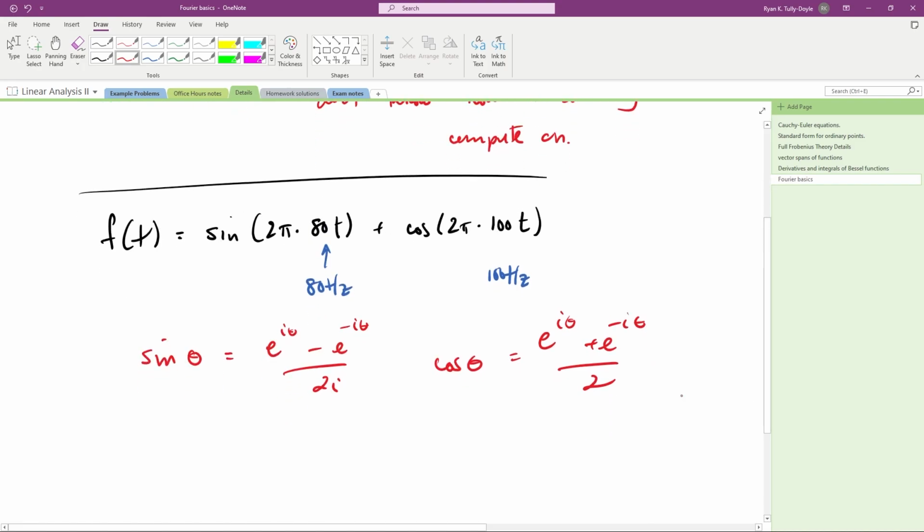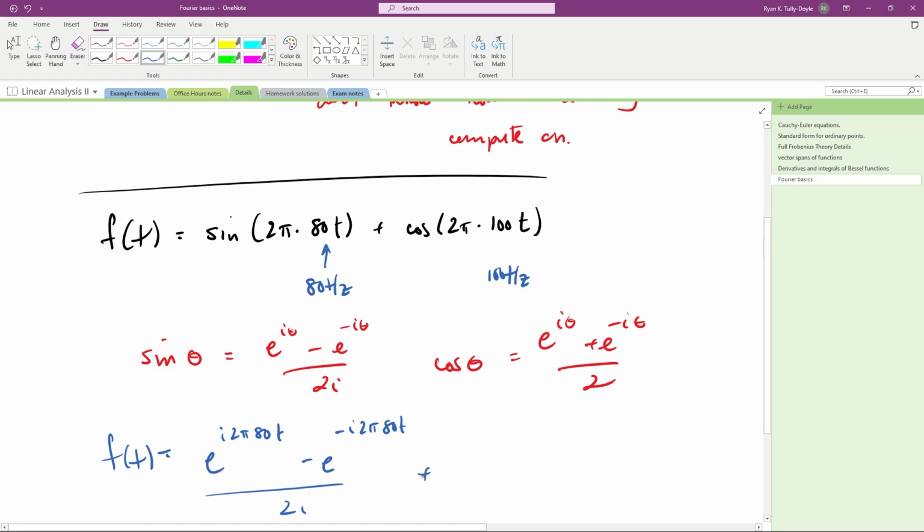Okay, so if we do that, what do we get? We're going to get f of t is equal to e to the i 2 pi 80t minus e to the minus i 2 pi 80t all over 2i. That's the sine.